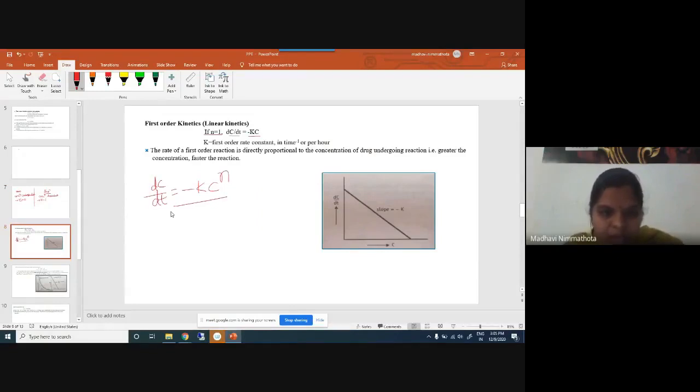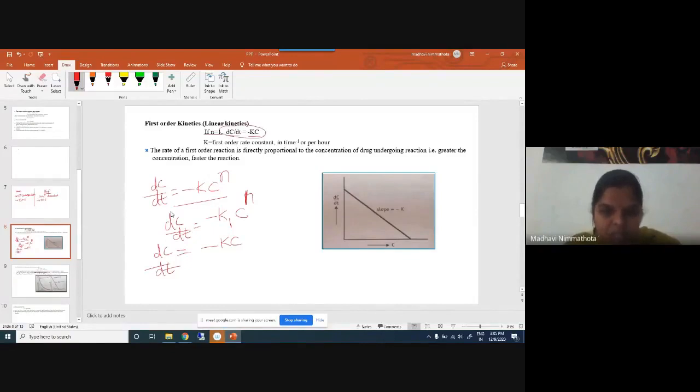So in case of first order kinetics, dC/dt equals minus k1 C to the power of 1. Sorry, C to the power of 1. So you can write it as k into C. That's why dC/dt equals minus k into C.